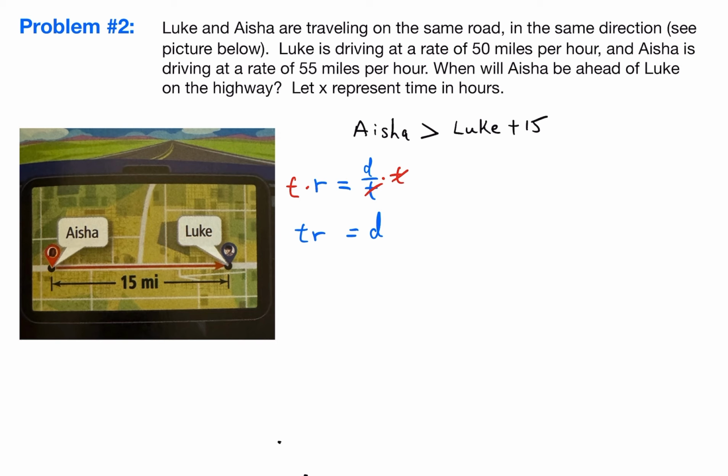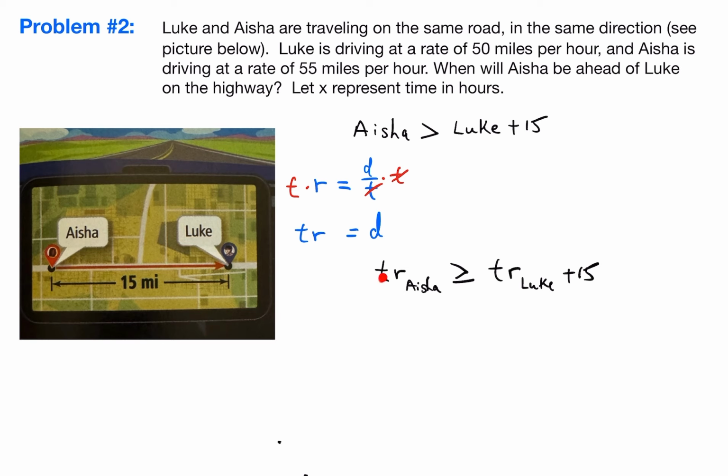Aisha's distance is going to be time times rate for Aisha, and that has to be greater than or equal to time times rate for Luke plus 15.